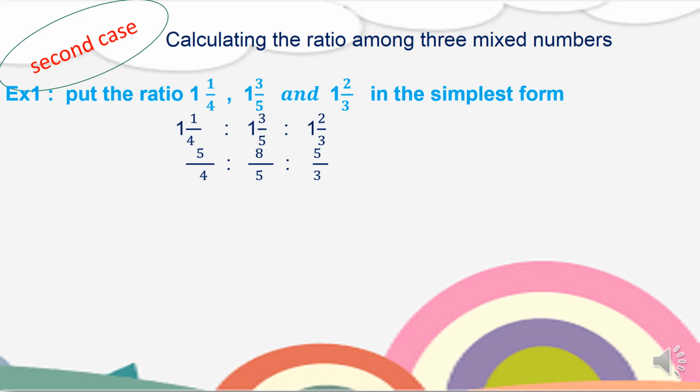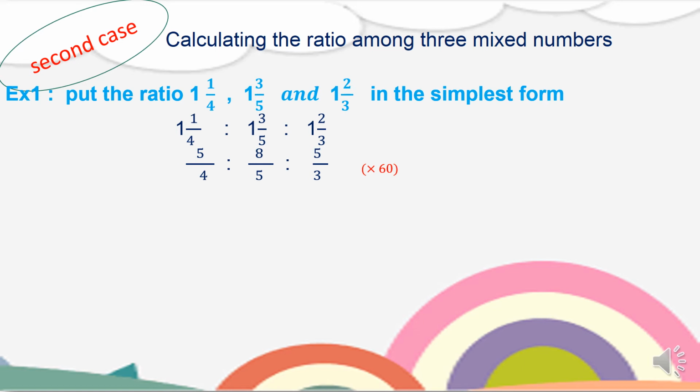I multiply the denominators of the fractions. So I multiply 4 times 5 times 3. 4 times 5 is 20, times 3 is 60. And I multiply each fraction by 60.